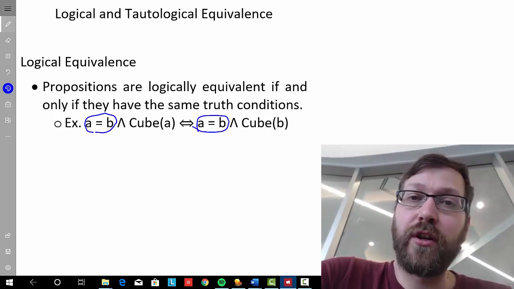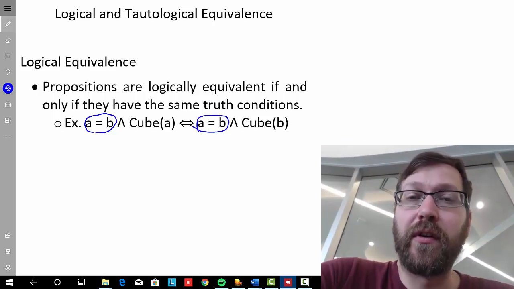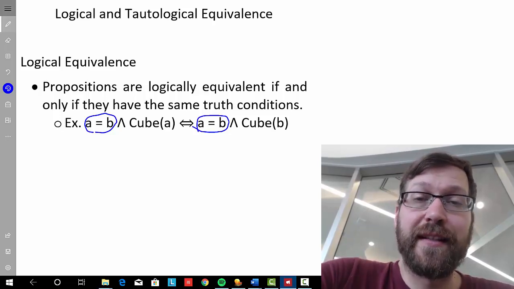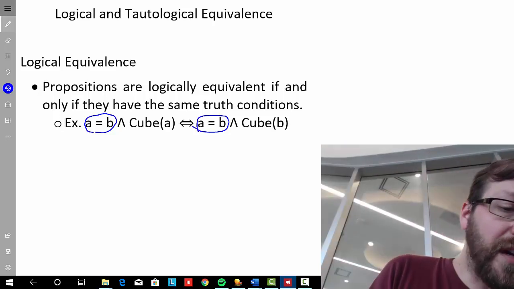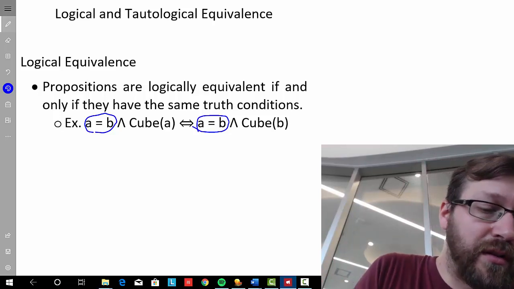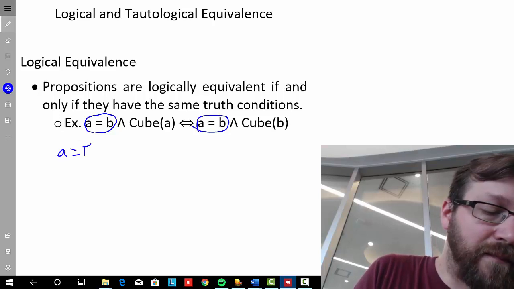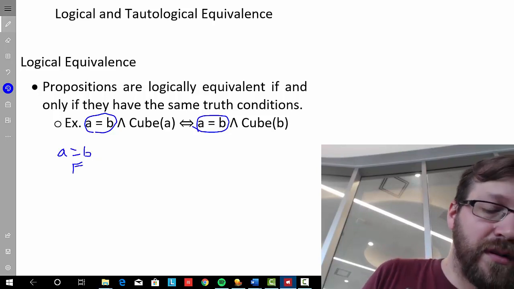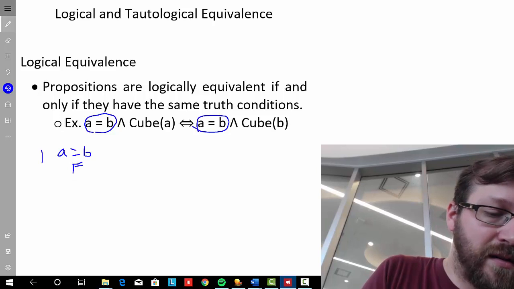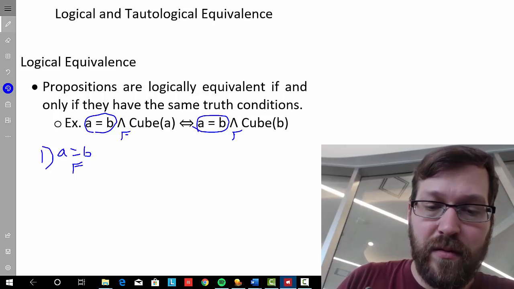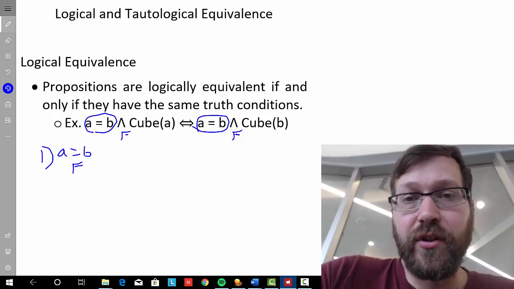And recall that a conjunction is true if and only if all of its conjuncts are true. So one possibility for this first conjunct is that it's false, that A and B are different objects. They're not one and the same. So under that situation where A is identical to B is false, it's going to turn out that both of these conjunctions are false.